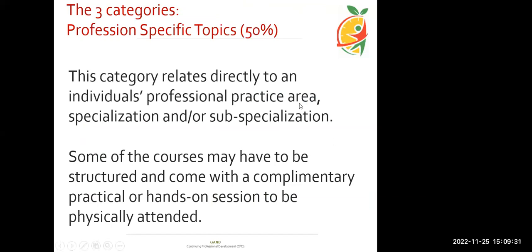So category A, which is the profession-specific one, relates directly to an individual professional practice area, specialization, and or sub-specialization.